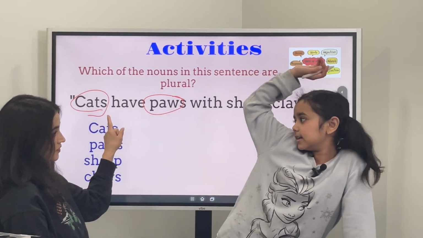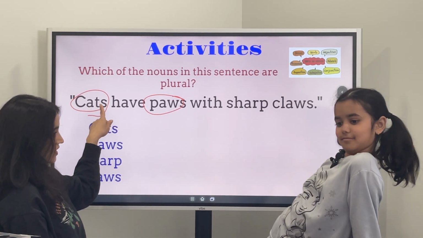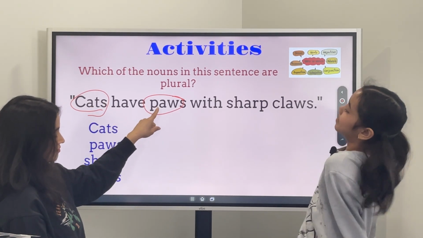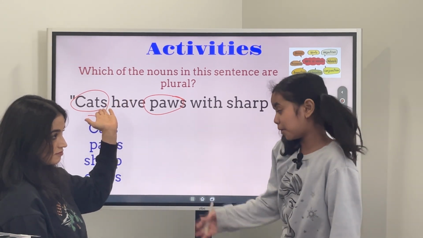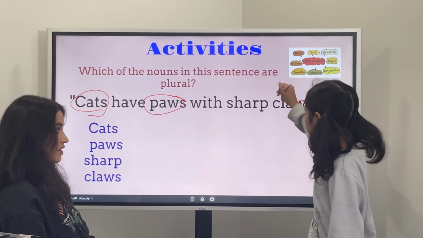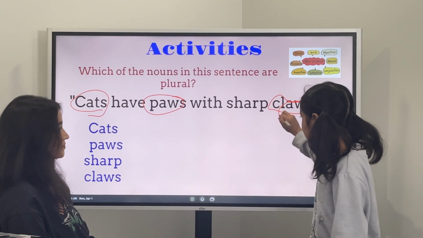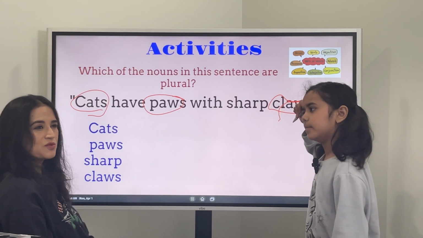Because it's a thing and it has an s at the end. And paws is part of a cat and has an s at the end. And claws has an s at the end. So that's the easy one to find.